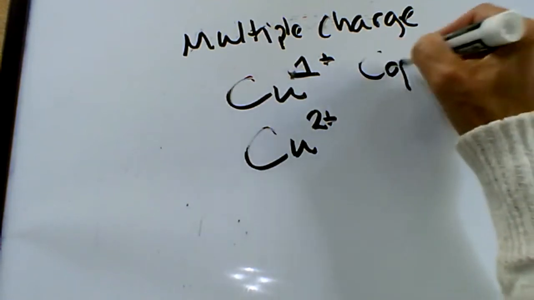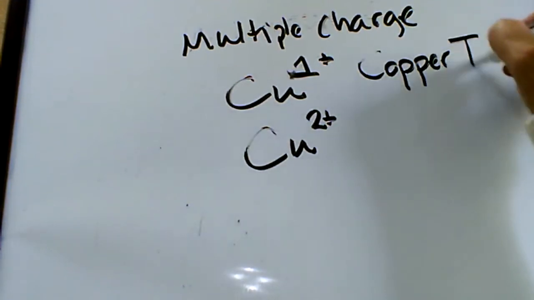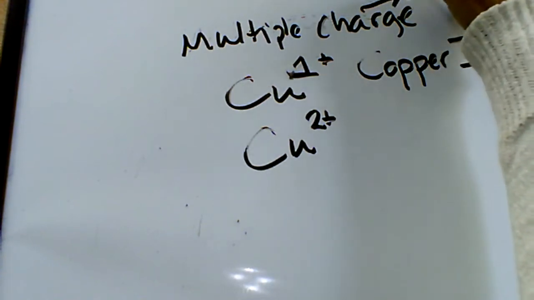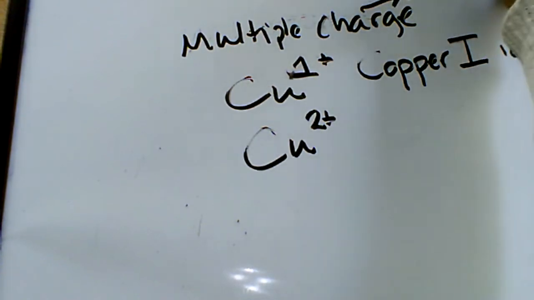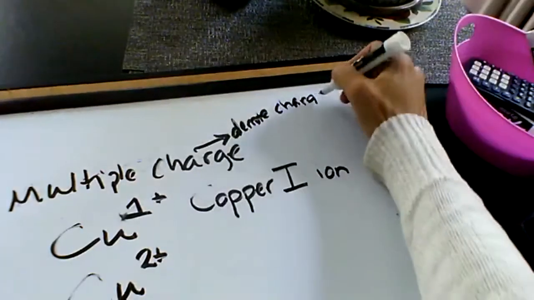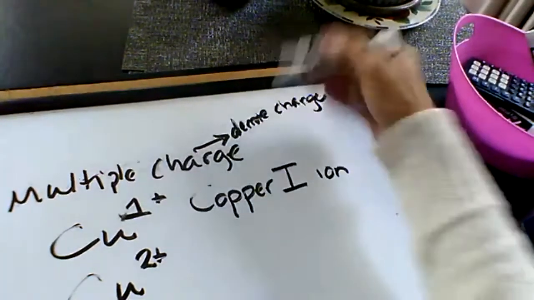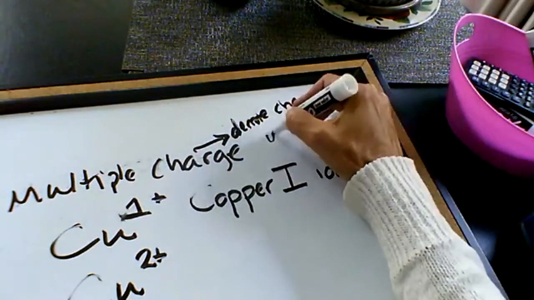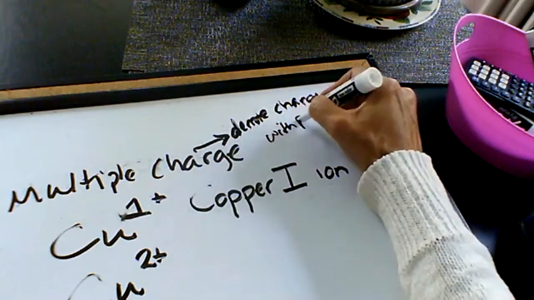This is my copper 1 ion. Denote charge. We said denote means to tell, to inform. Denote charge with a Roman numeral.